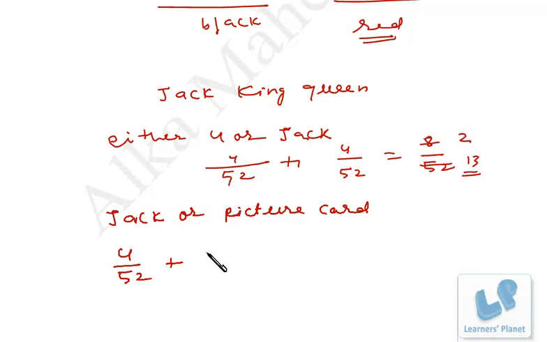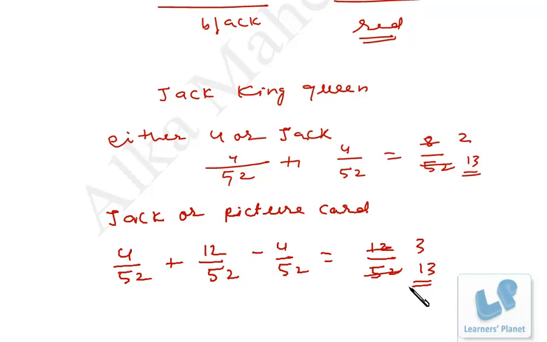So it's 12 by 52. Now jacks we have counted over here and jacks in the picture card also. So jack is being counted for 2 times. So we need to deduct it 1 time, right? So we need to deduct the combinations of jack and picture card. So that will be 4 by 52, right? So in all the probability will be 12 by 52. Okay, getting my point? And you must be getting the difference as well.